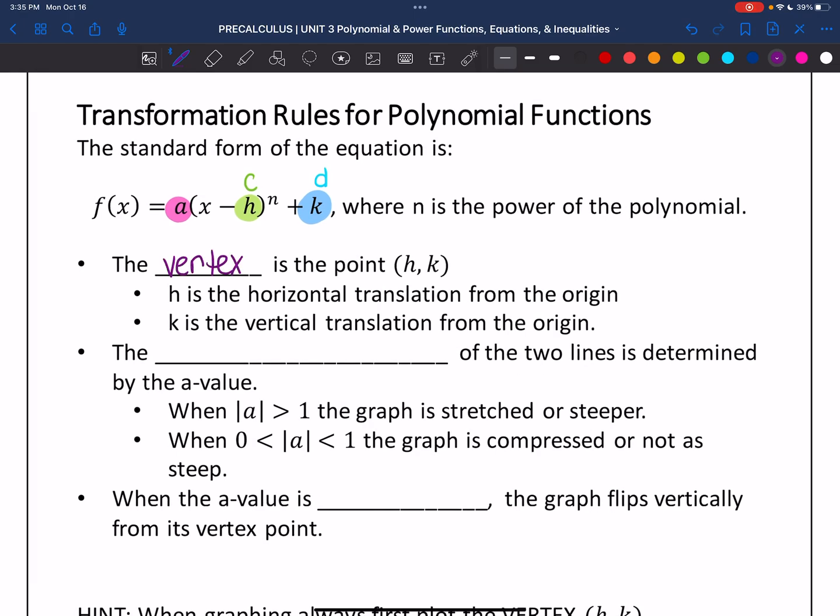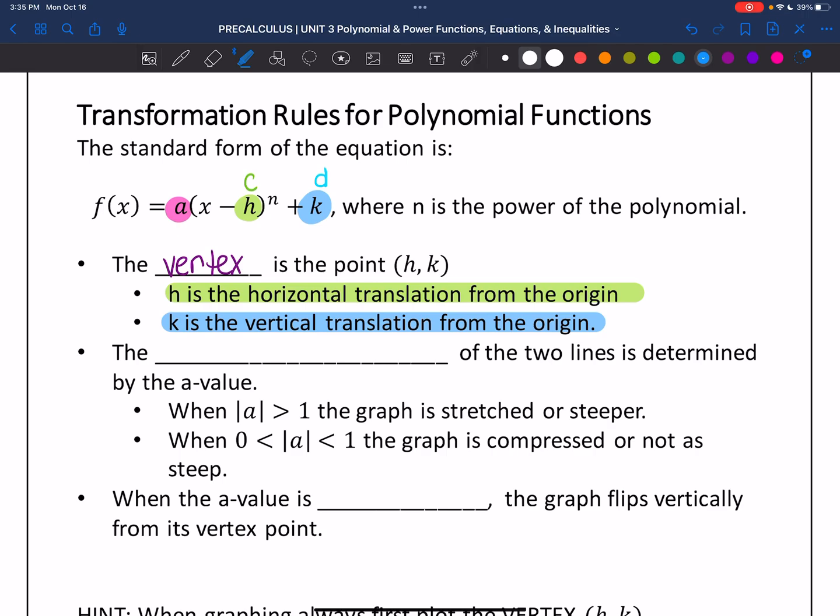That's that key central point, that turning point, usually where our symmetry line is going to be going through. H is the horizontal translation from the origin, and k is the vertical translation from the origin. Big ideas, and make sure you highlight that.